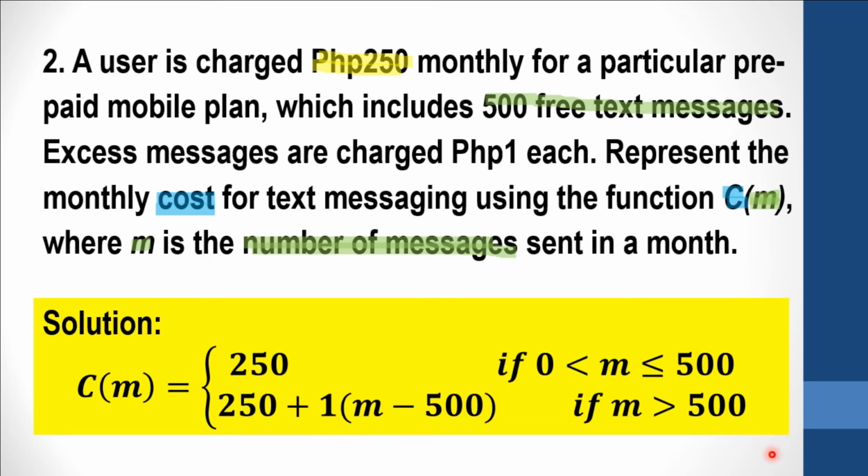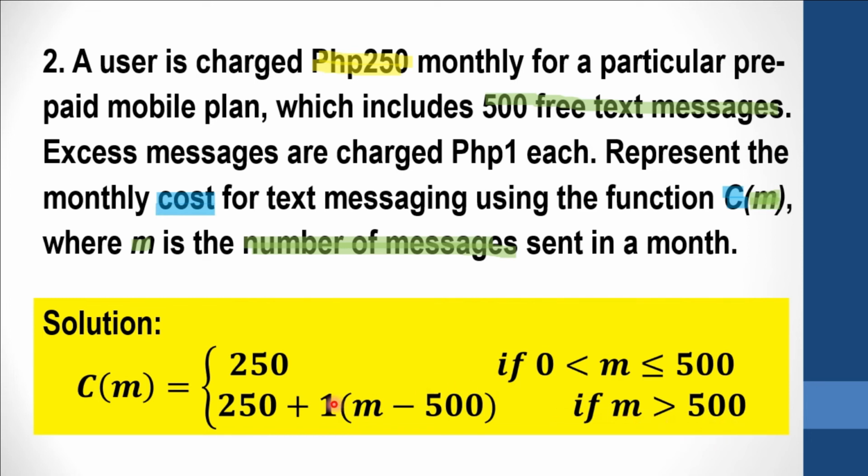Okay. So, our next function is we have 250 plus 1 times M minus 500. Okay, explain natin saan nanggaling to. Itong pangalawang function natin, ang condition natin dito ay if yung message mo ay nag-exceed sa 500 or mas malaki sa 500. Halimbawa, 550 or 600 messages.